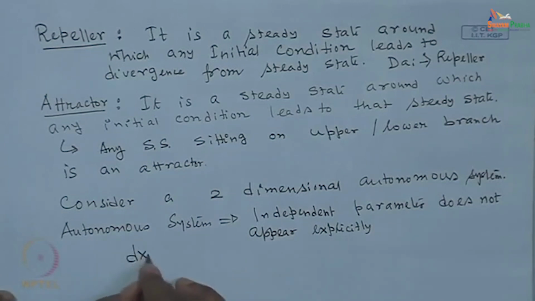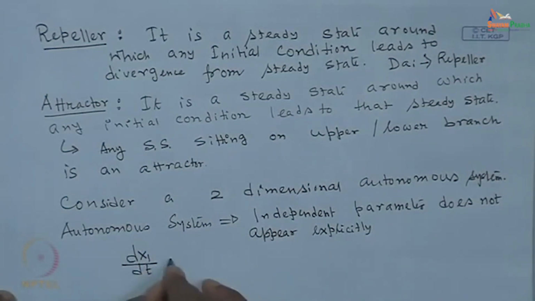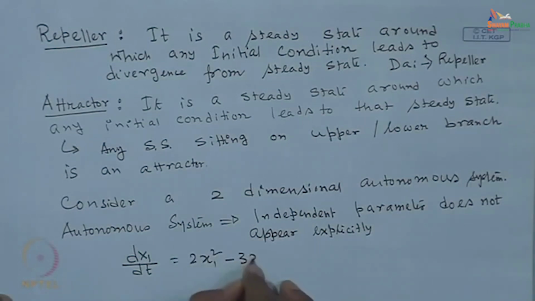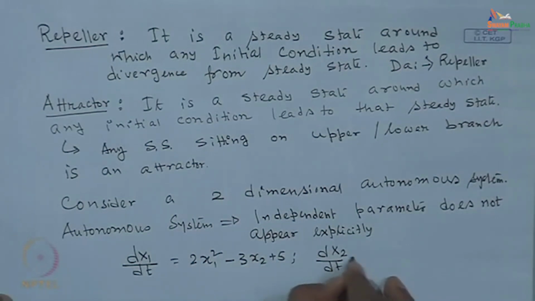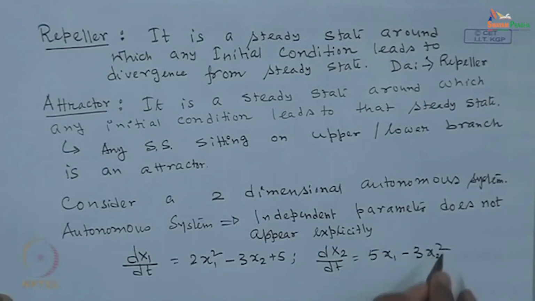For example, if the dependent variables are x1 and x2, and the independent variable is t, and dx1/dt is 2 x1 squared minus 3 x2 plus 5, and dx2/dt is equal to 5 x1 minus 3 x2 squared plus, let us say, 6. Now, this system is an autonomous system because the independent variable t does not appear on the right hand side in either of the equations.